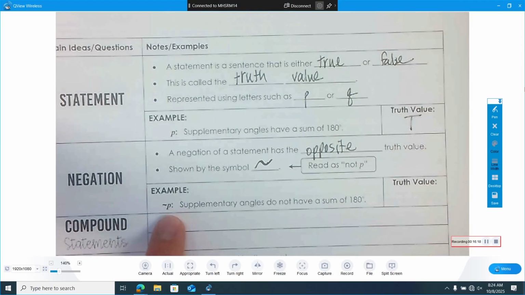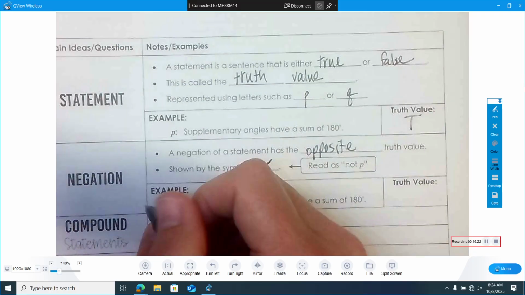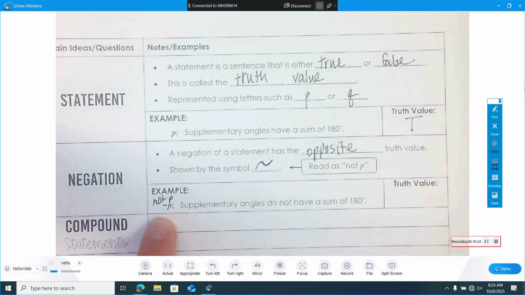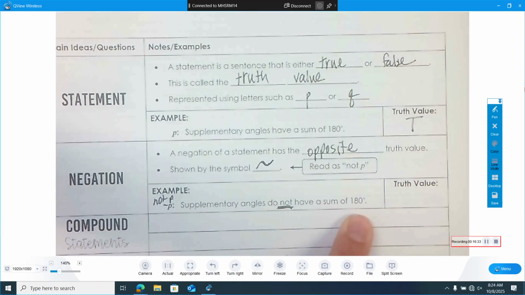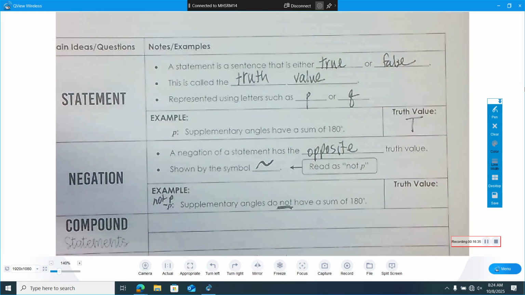For example, if I put a little not in front of my P statement, so this says not P, then I have to insert a not somewhere. Supplementary angles do not have a sum of 180 degrees. So that's what putting a little not symbol in front would do.